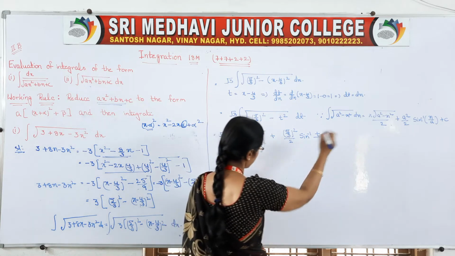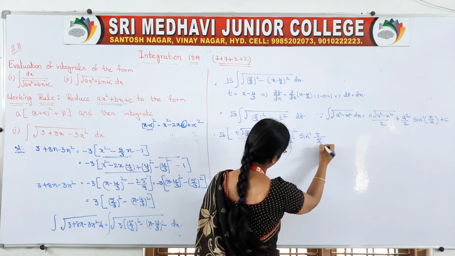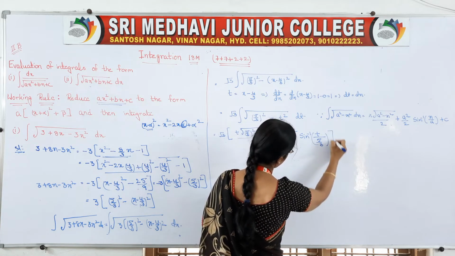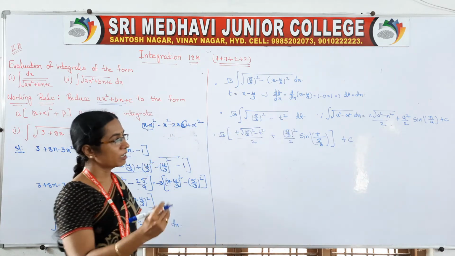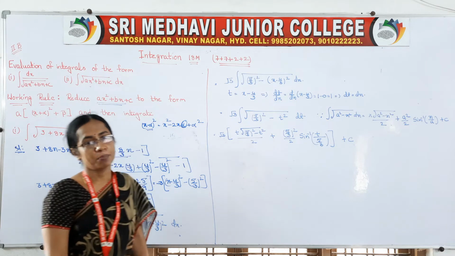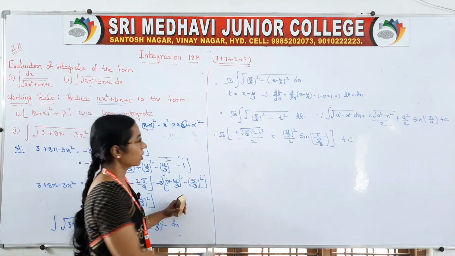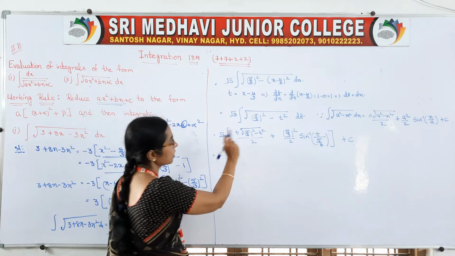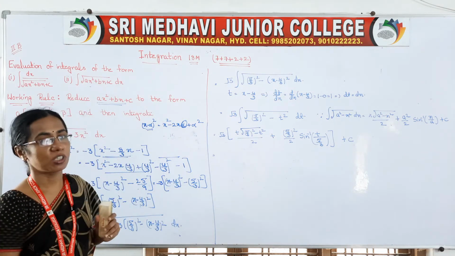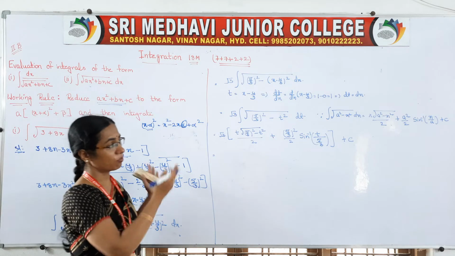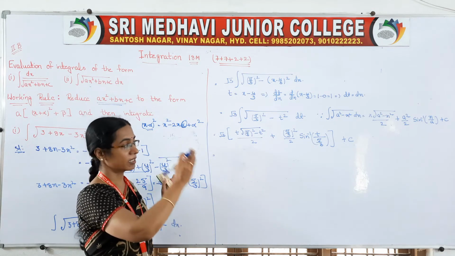Be careful, in a place we have 5 by 3. Full attention, you have to do the problem. If you deviate for 1 second, you will make a mistake. Now send this root 3 inside and in t place substitute the value. Once the formula is taken, we write plus c.